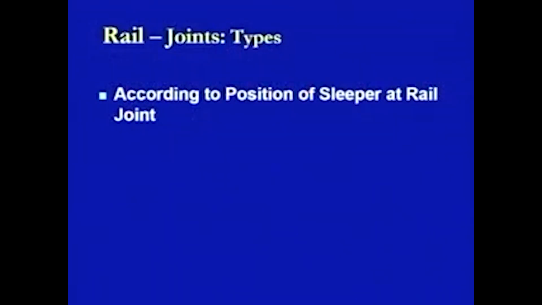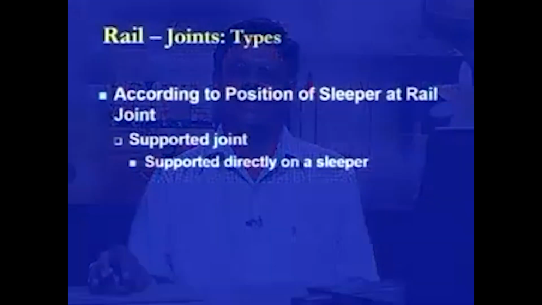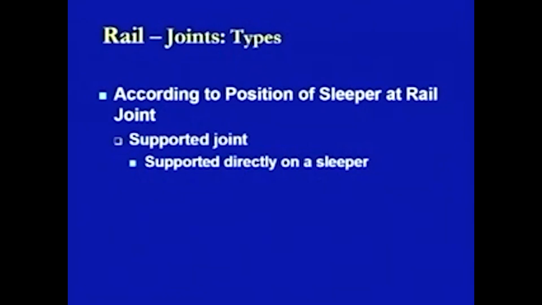We start with the first one, that is, according to the position of the sleeper at the rail joint, and in this category again there are further classifications of the different types of joints which can be provided. In this case, we can look at the first joint, that is the supported joint. The supported joint means the joint is supported directly on a system, mostly a sleeper, and the rail end becomes slightly high.